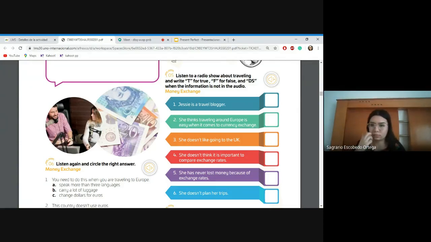So, one of the most important things when someone travels is money. What do you need to do when you are traveling to different countries? Well, it depends. If I'm traveling to Europe, it is very easy. All the countries inside the European Union use euros, so I only change dollars for euros. unless one of my stops is in the UK. The UK currency is pounds, so I have to calculate how much money I will use in a day to know how many pounds I need to buy.